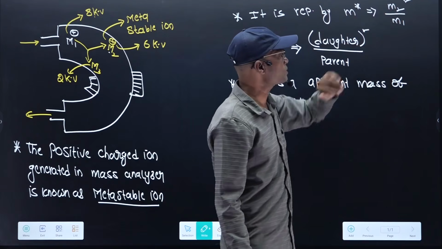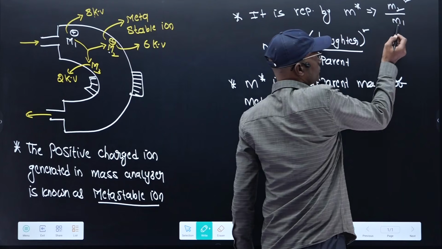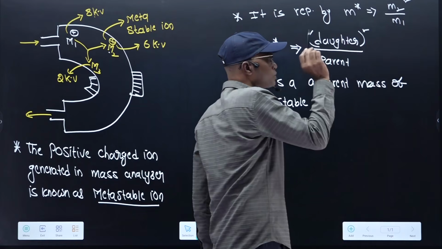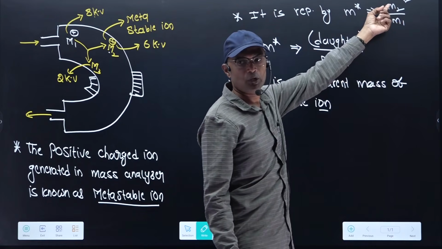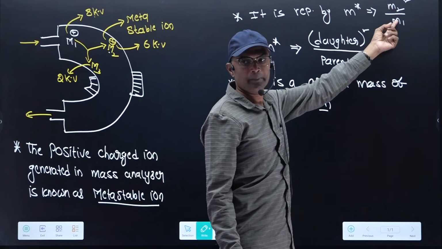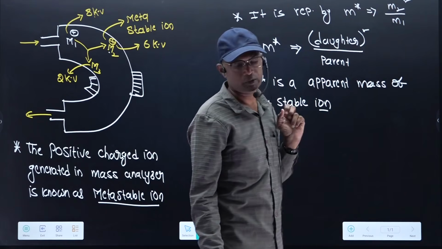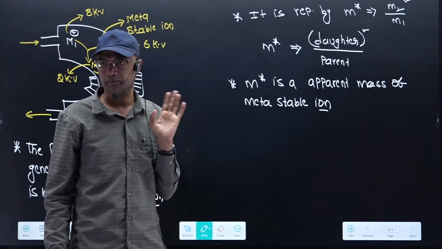So what I am saying is, if parent and daughter m by z values are both given, and you substitute them here and divide the daughter m by z value squared by the parent m by z value, you will get one value. That is the apparent m by z value. That is not real, meaning the value will be less than expected.